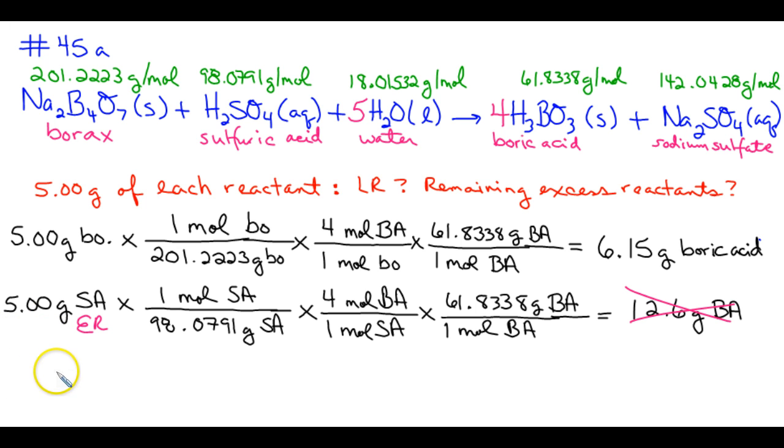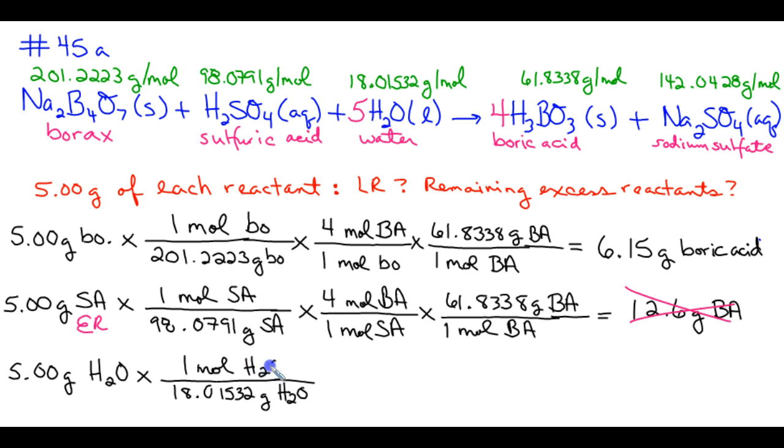Well, there's still the question of water. It's only 5 grams. It's not much. So 5 grams of H2O, 18.01532 grams of H2O per 1 mole. And according to our balanced equation, there are 5 moles of water per 4 moles of boric acid.